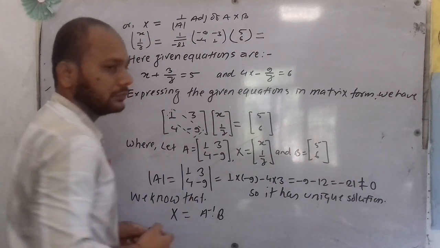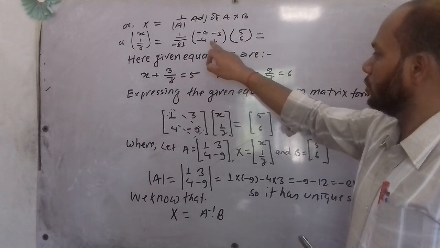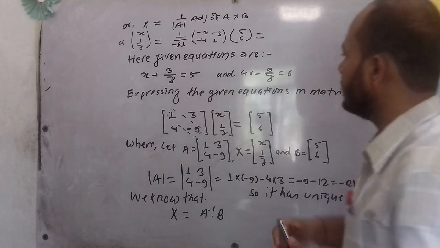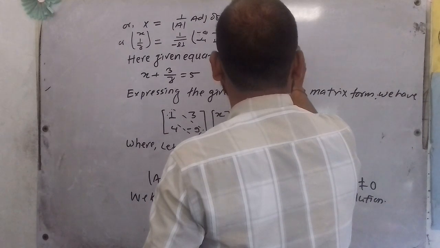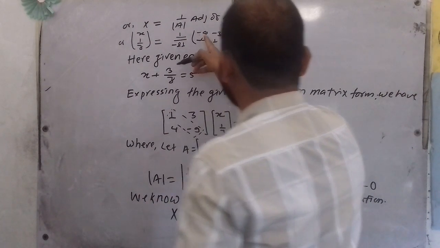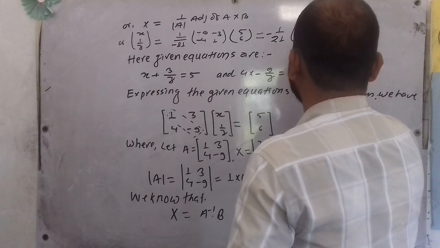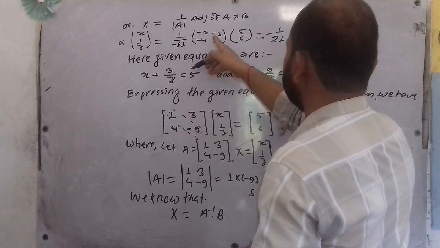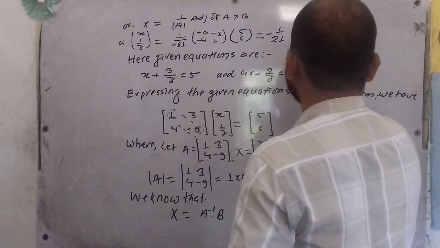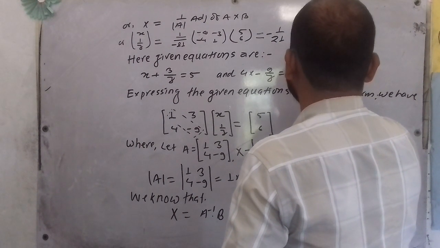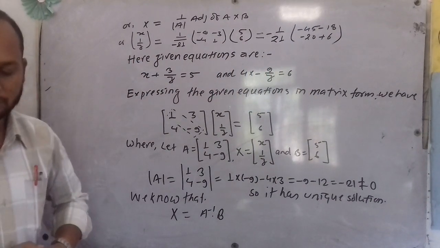First you should find the product of these two matrices, and then we multiply by the scalar. Here multiply these two, minus 9 into 5 minus 45, plus minus 3 into 6 minus 18, minus 20 plus 6. Okay, from here you take one screenshot.